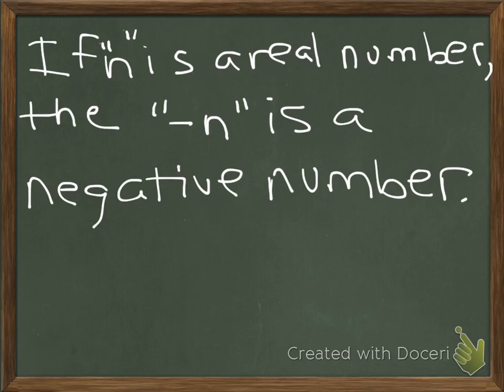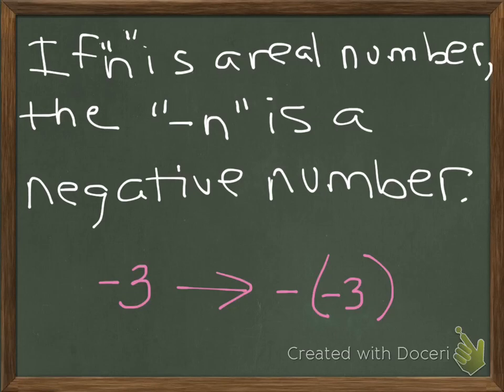So if we had a negative value, like negative 3, that we put in for n, and we're assuming that negative n is going to stay negative, well, if you put in a negative 3, and the n is already considered negative, it actually ends up being positive 3, because you have a negative times a negative.